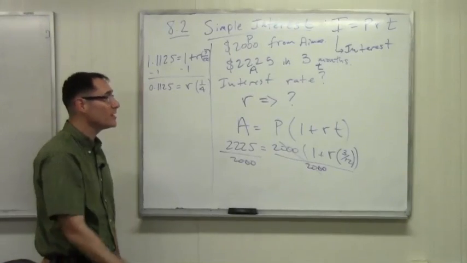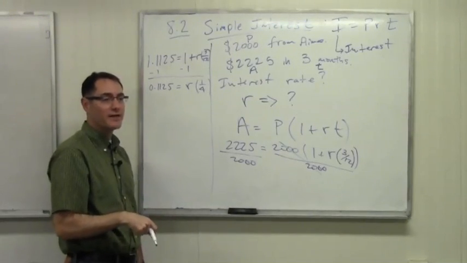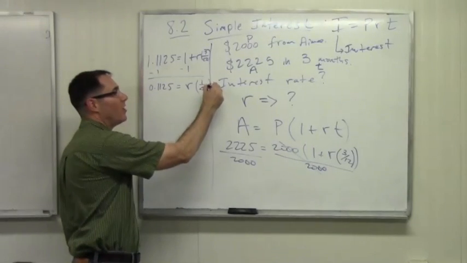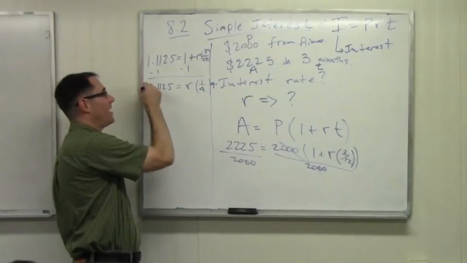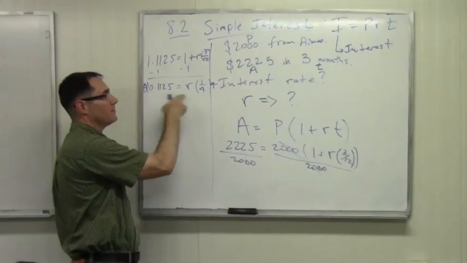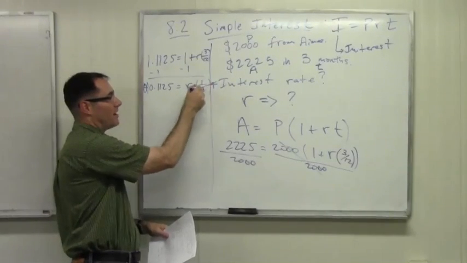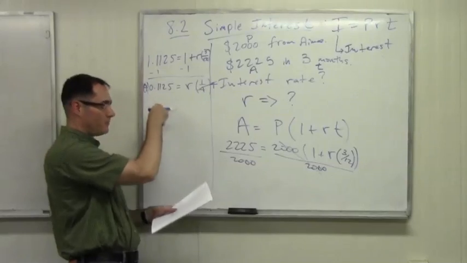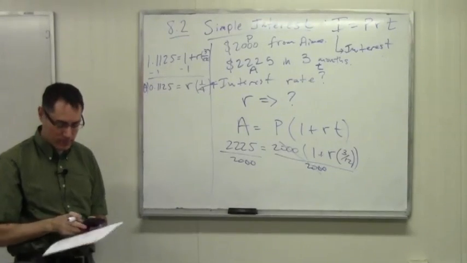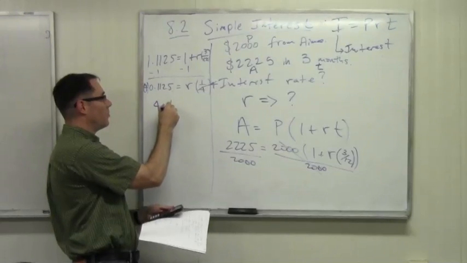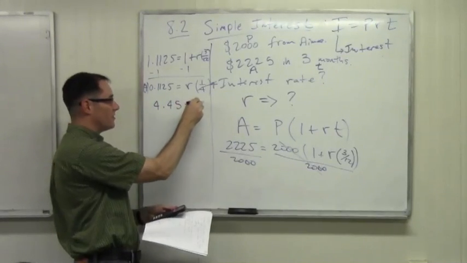Dividing by 1/4 is the same as multiplying by 4. So if we multiply by 4 on this side and 4 on this side, the 4's drop out here, and we get 4 times 0.1125.